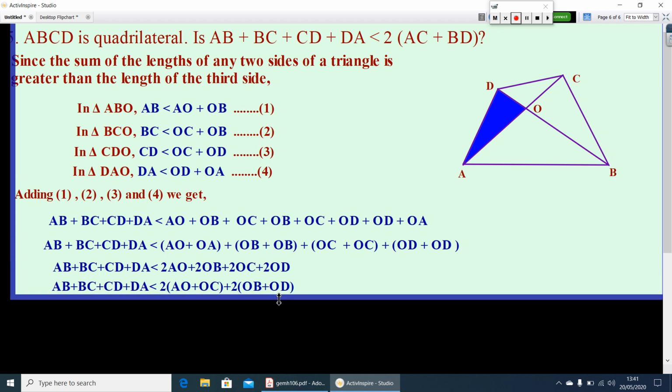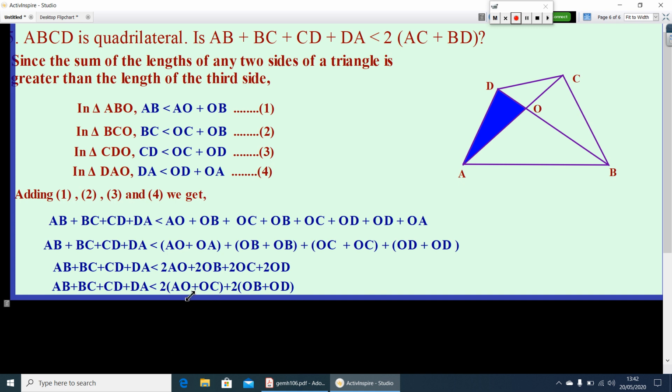Now 2 you can take together, and AO plus OC again you take together. So you get AB plus BC plus CD plus DA less than 2 AO plus 2 OC, that you can write as 2 into AO plus OC. Similarly 2 OB plus 2 OD you can write as 2 into OB plus OD.